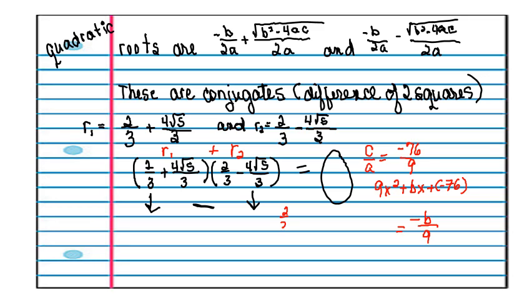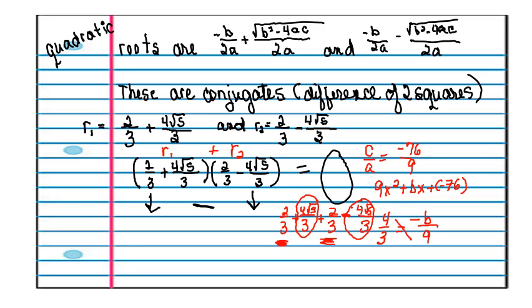So we have 2/3 plus 4 square root 5 over the 3 plus 2 over 3 minus the 4 square root 5 over 3, which means this guy right here is going to cancel out, which is going to leave us with 2 over 3 plus 2 over 3, or 4 over 3.